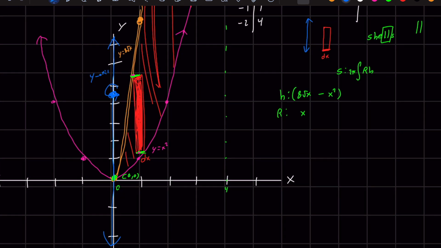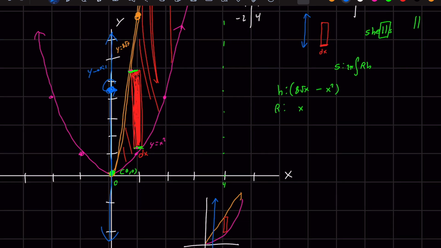Just as an example, if we had the same exact graph, I'll sketch it real quick, and we had our dx right here, but let's say our axis of rotation was at x equals 1.